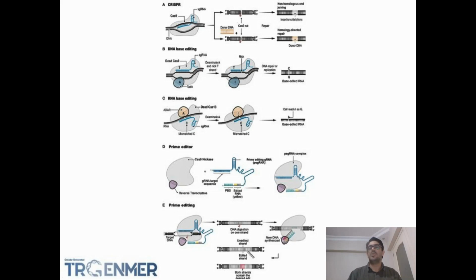And this Cas13, as we know, can bind to RNA. By combining Cas13 with cytosine deaminase or adenosine deaminase, you can change nucleotides on RNA sequences, and this can increase exon inclusion or other alternative splicing actions. That's why not only DNA repair, but also RNA modifications can be achieved with the help of base editor systems.